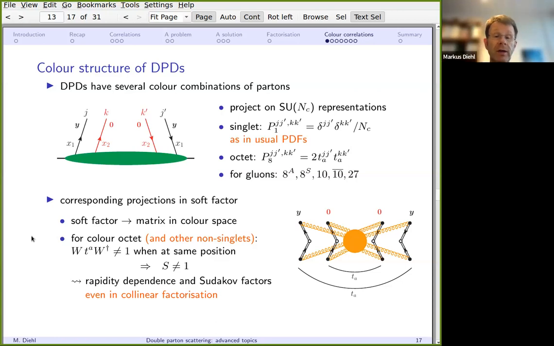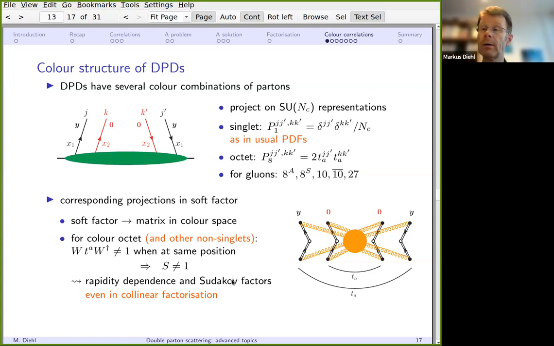But in the color octet, this is of course no longer unity, and that means the soft factor is not equal to 1. And this physics of the soft factor is related with a dependence on the rapidity of the gluons that are inside these graphs, and with the Sudakov factors that I mentioned before.